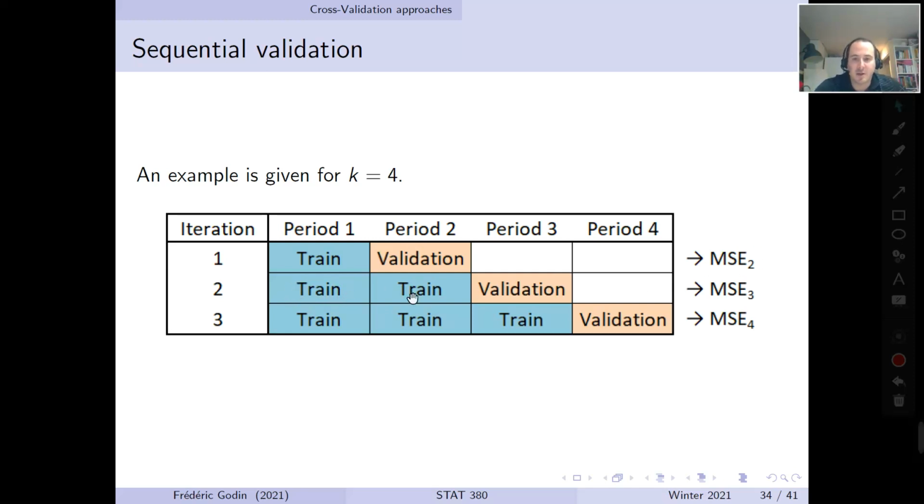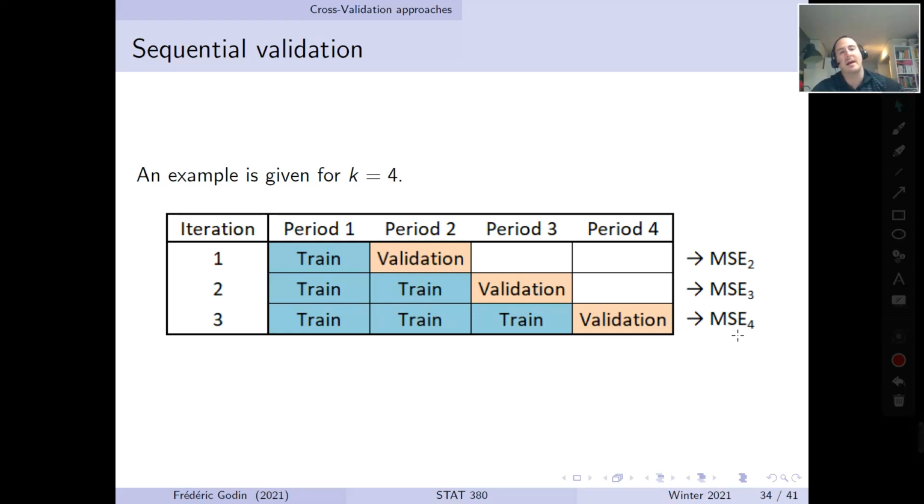Then second iteration, you use the first 2 periods to predict your responses in the third period. Then third iteration, you would use the first 3 periods to predict your responses in the fourth period. And then for each of these periods, you would get a mean square error. And then at the end, you simply aggregate them to come up with a total MSE.